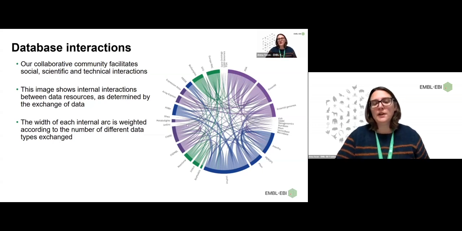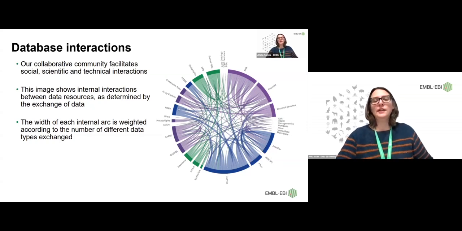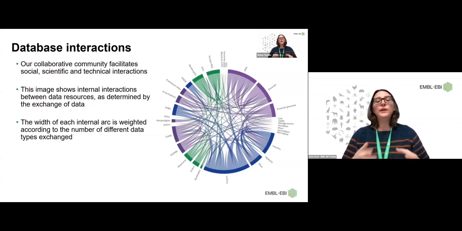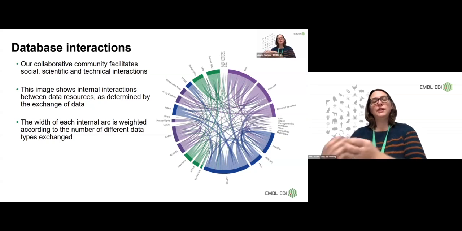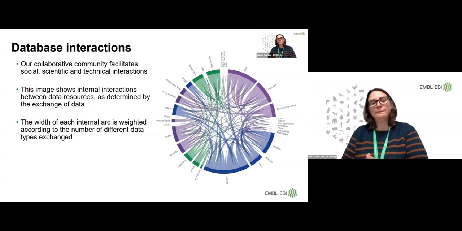So for example, if you search for a protein in UniProt, you may well end up clicking a link that takes you to a protein structure in PDBe, the Protein Data Bank in Europe, which may end up taking you somewhere else. So they link together, and this means that you don't necessarily need to know which resource to go to next. You don't have to go to it yourself to search for data. You'll be led straight to it.